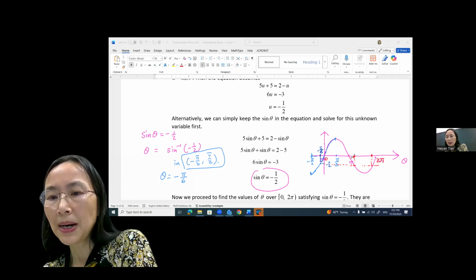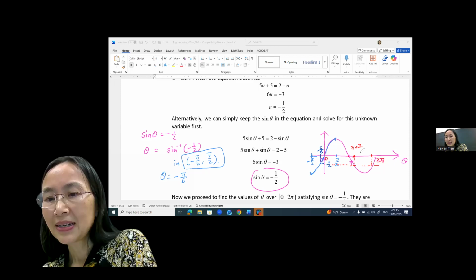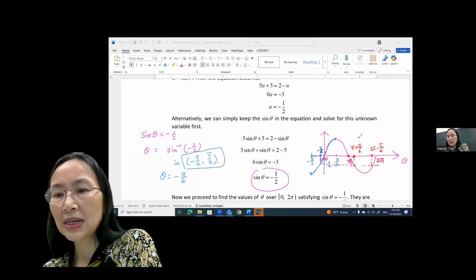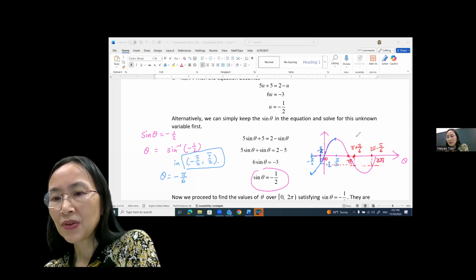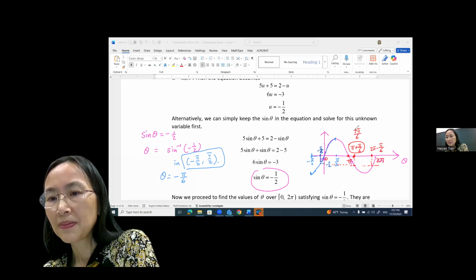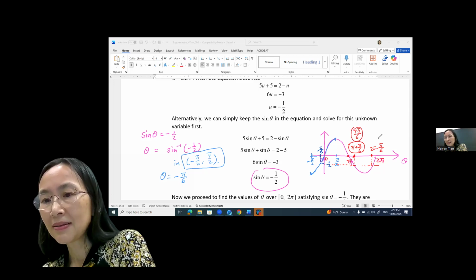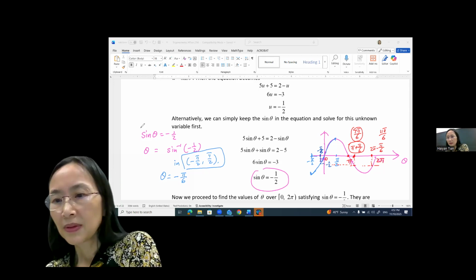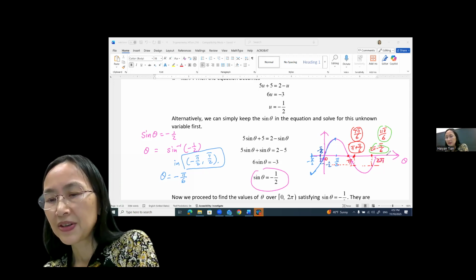This one is pi plus pi over 6, here's pi. And here is 2 pi minus pi over 6. So actually the first one is 7 pi over 6, and the second one is 11 pi over 6.